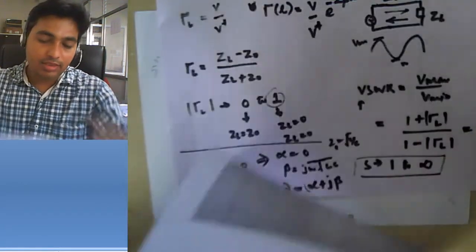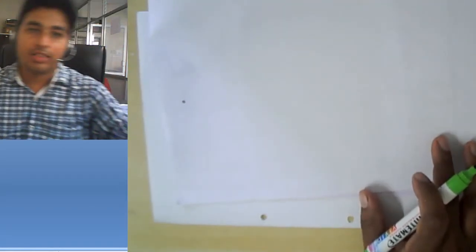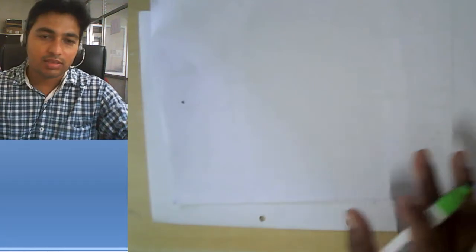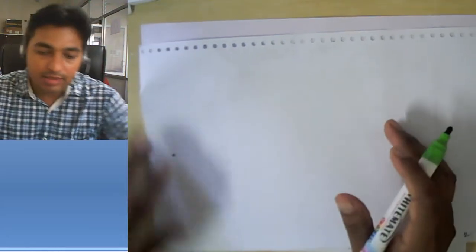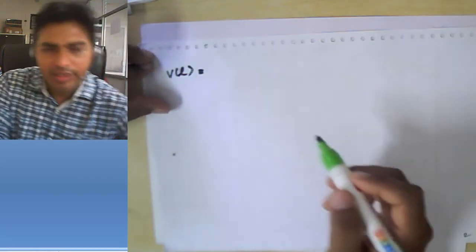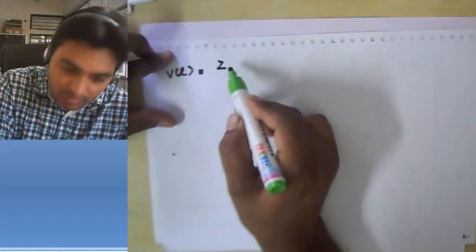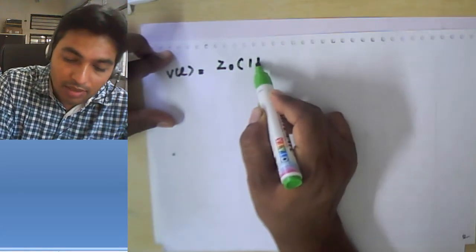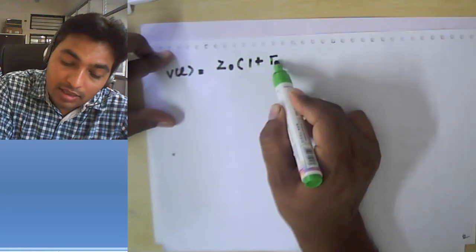Now we have the voltage and current equations. So we have seen V max is equal to 1 plus the reflection coefficient and V min is equal to 1 minus the reflection coefficient. Also we have seen in the previous lecture that VL, that is the voltage at any point on a line, will be equal to Z0 times 1 plus the reflection coefficient.